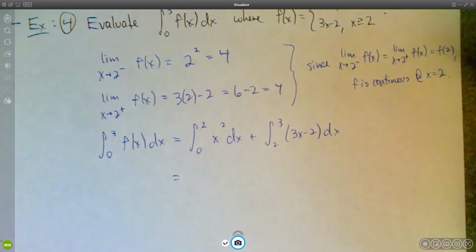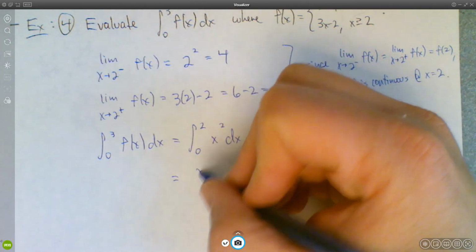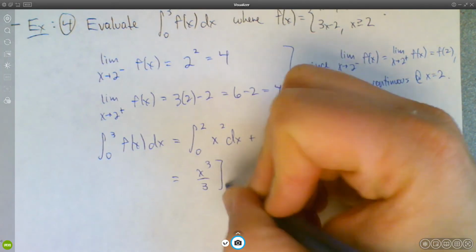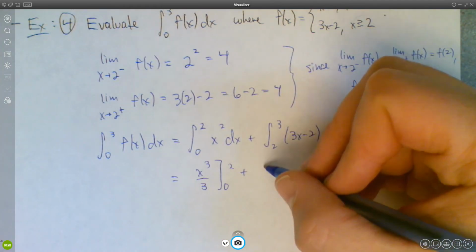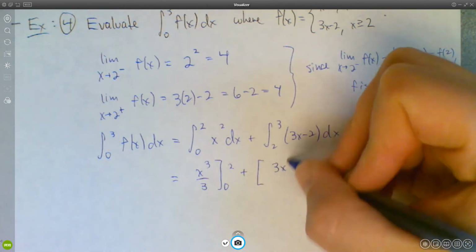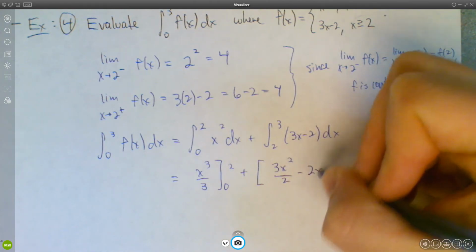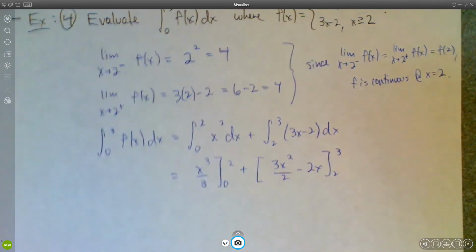Okay, so that's not bad. This is x cubed over 3 from 0 to 2. This one's going to be 3x squared over 2 minus 2x from 2 to 3.